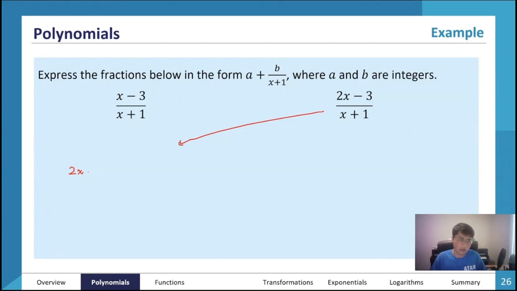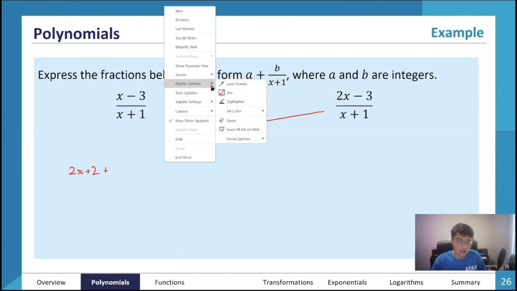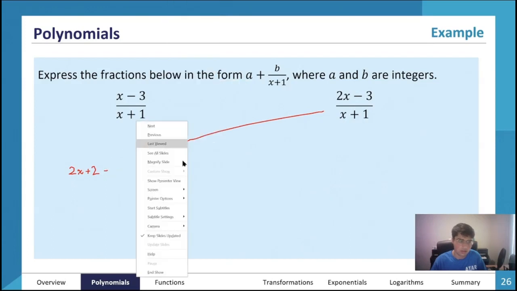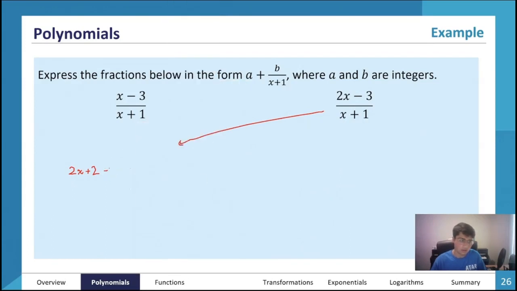So in fact, what we're trying to mimic is a plus 2, and you'll see why later down the line of working. So we have a plus 2, oh, that's supposed to be a minus. Let me get rid of that. So plus 2, so we added a 2, so we have to subtract a 2. And then we've got the minus 3 at the end there, and then we've got x plus 1.